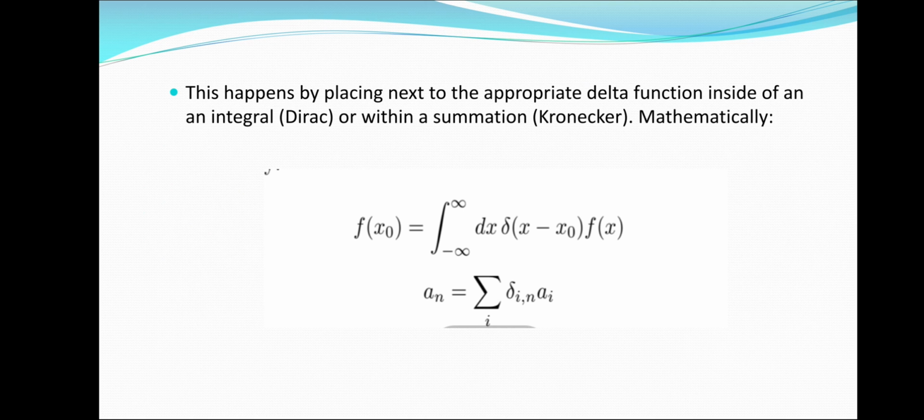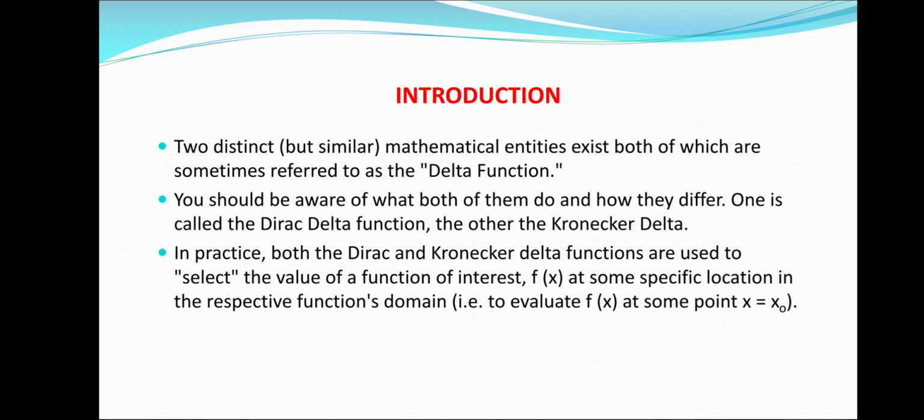So as in the previous class, we have two mathematical entities referred to as delta functions. One is the Kronecker delta function and the other is the Dirac delta function. We choose the particular delta function based on the function we consider, let us say f of x, in its respective domain, so that we evaluate f of x at some point x equal to x naught.